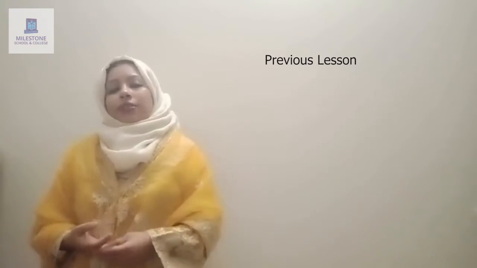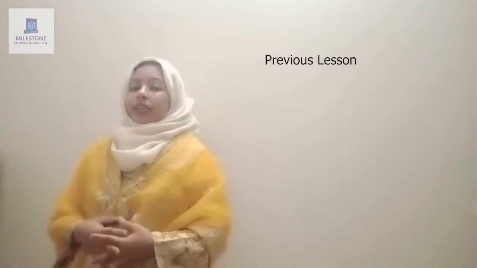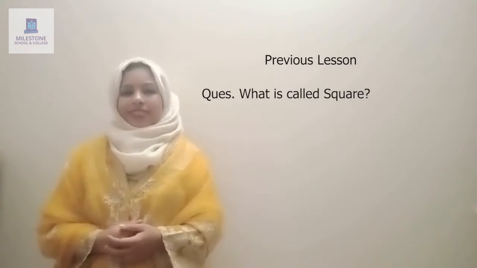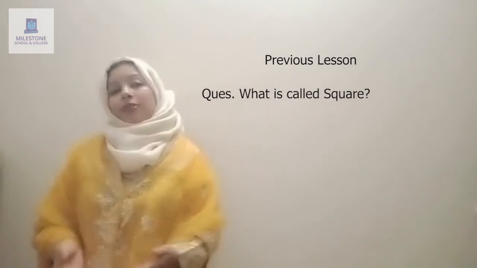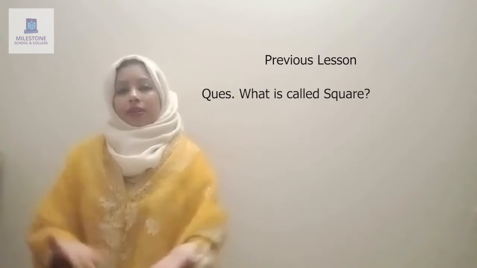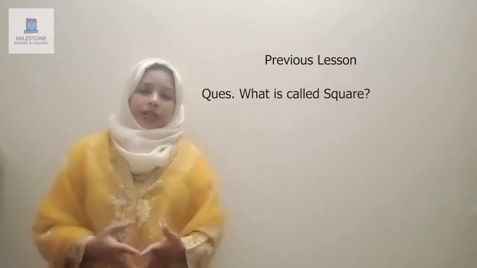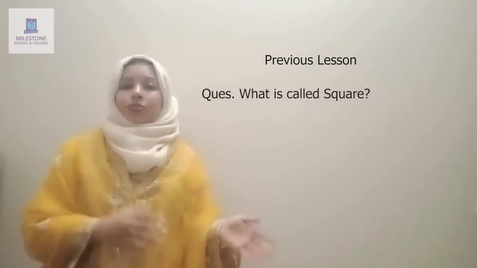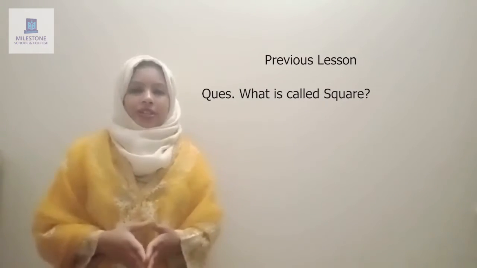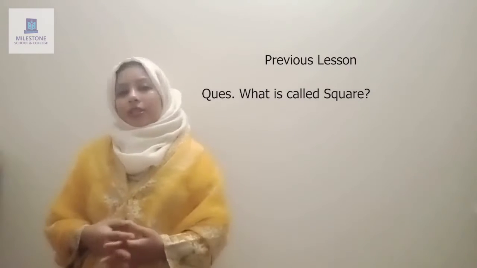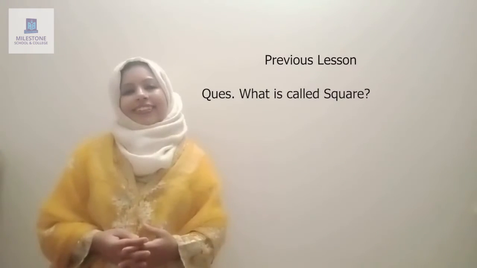Okay, so the next question for you: what is called a square? My dear students, I know that we have already come to know about different types of quadrilateral, and square is one of the quadrilaterals. So can you tell me what is called a square?